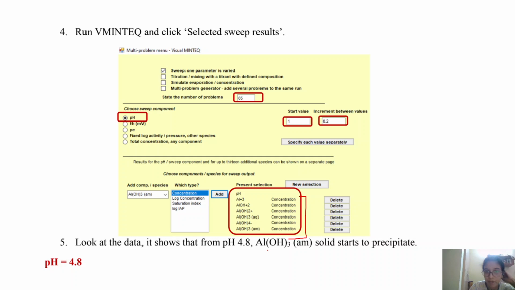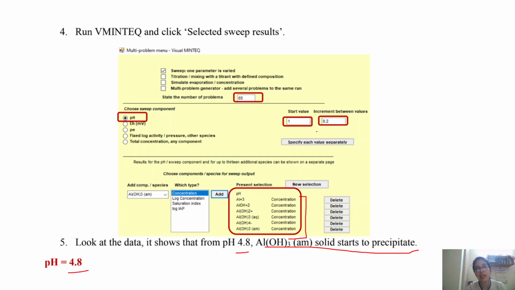So while doing trial and error, we will find out that at pH 4.8 aluminum hydroxide starts to precipitate. So the answer is pH 4.8.